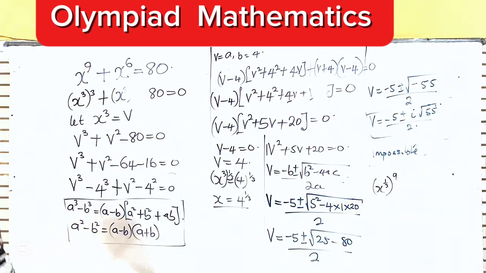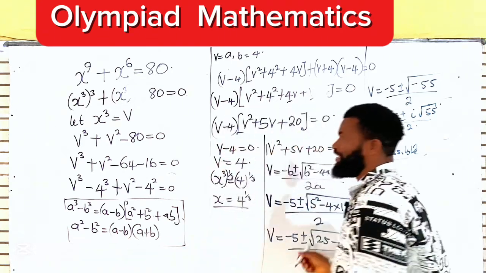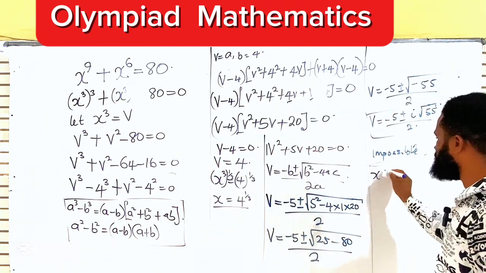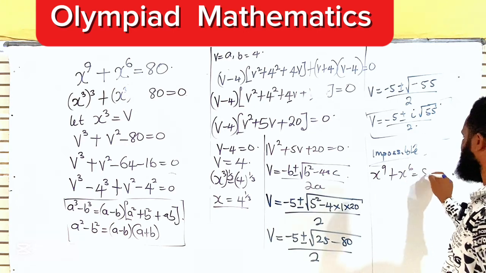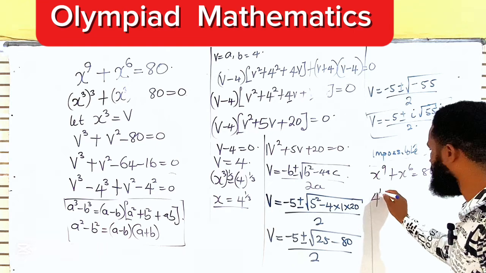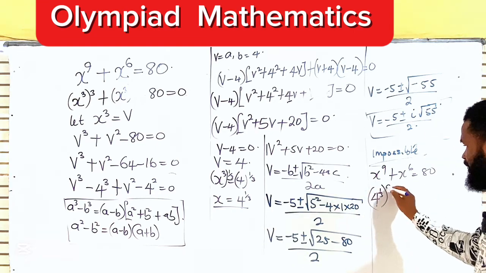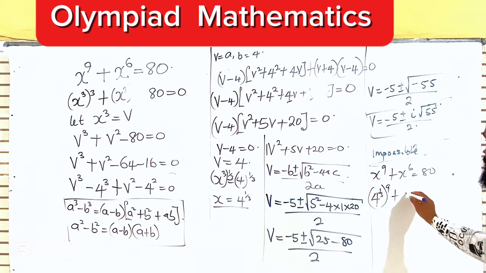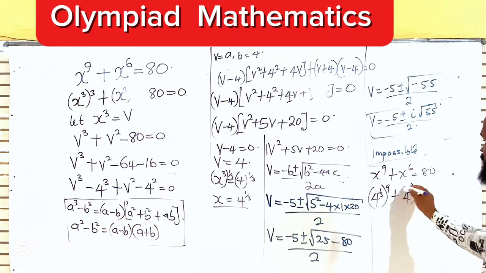Oh God, there is something I'm mistaken. I'm supposed to be working with numbers, not letters at this point. So this is x raised to power 9 plus x raised to power 6 equal to 80. Now x is given as 4 raised to power 1 over 3, all raised to power 9, plus 4 raised to power 1 over 3, all raised to power 6.